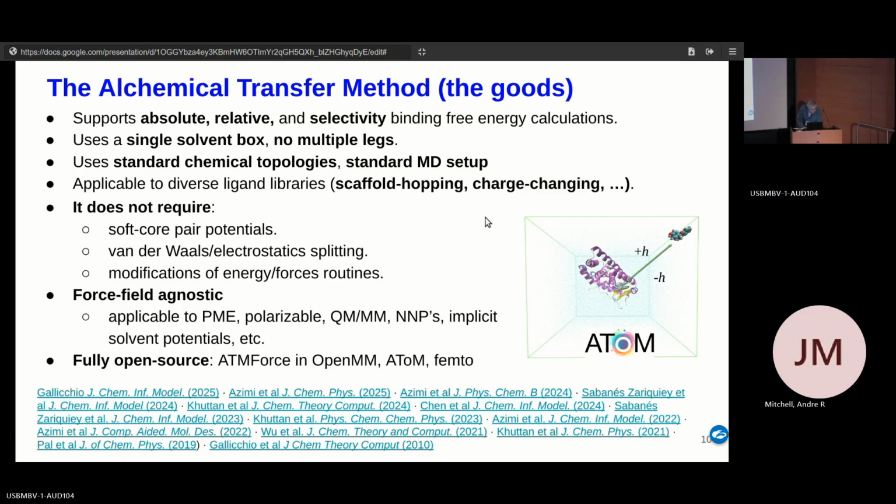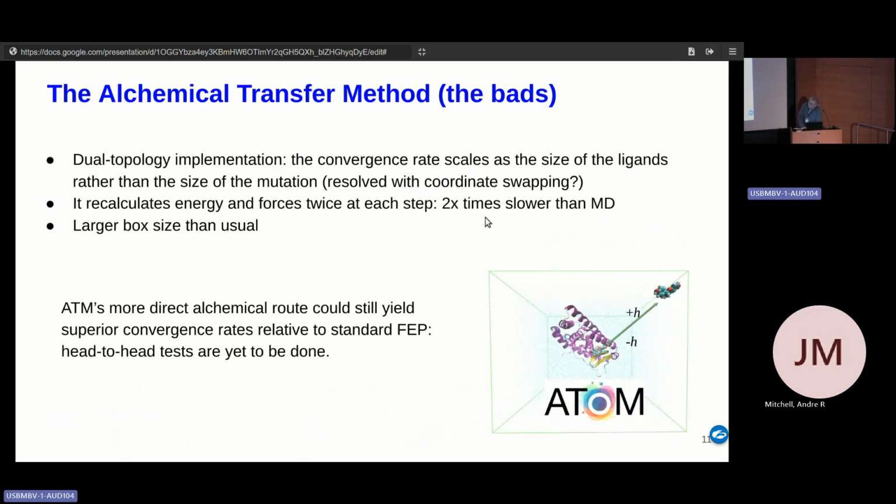There are also bad points. The main bad is that it's slower because you recalculate the energy and forces twice at each MD step. Whether that's actually a bad, the fact that the free energy calculation is direct, you don't take differences, may actually make it converge faster.